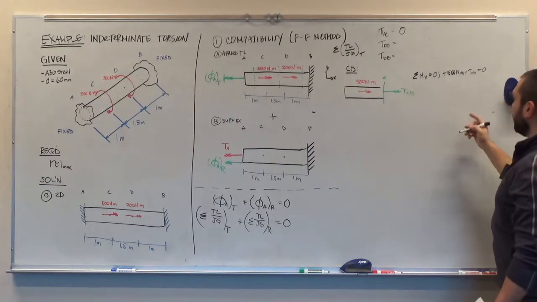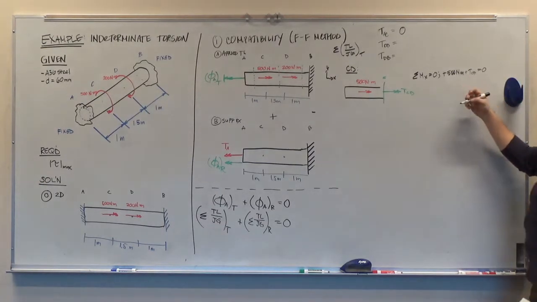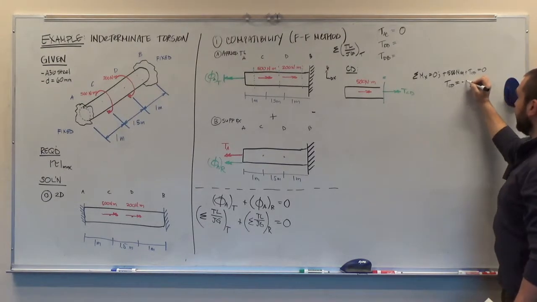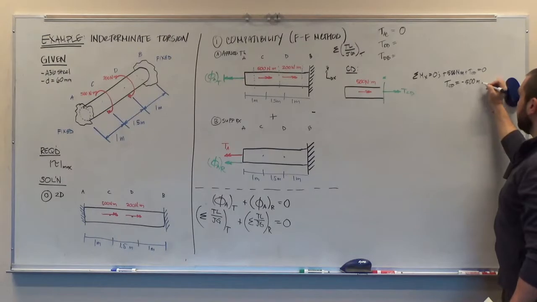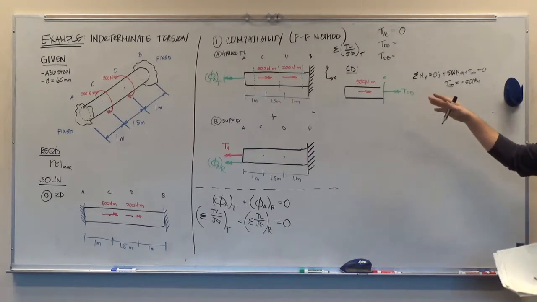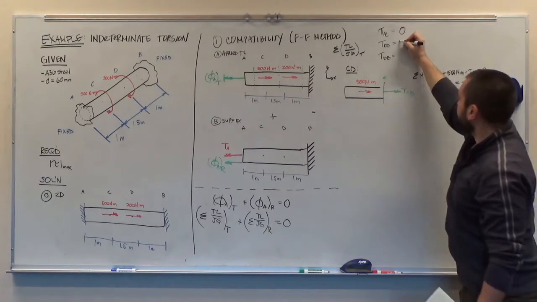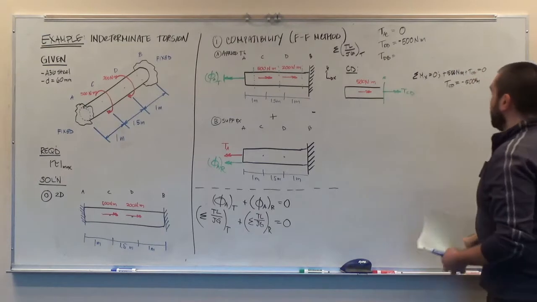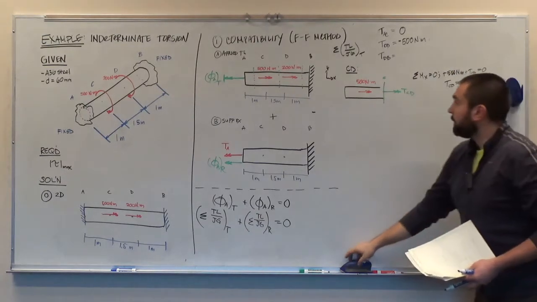That's all going to be equal to 0. I just get the torque CD on one side by itself. And I get that the torque between C and D is equal to negative 500 Newton meters, just based off the free body diagram and equilibrium. So we can put that up here, negative 500 Newton meters. All right, that does it for section CD.